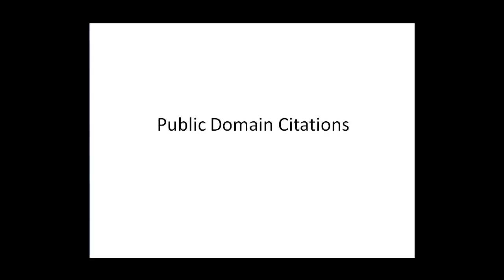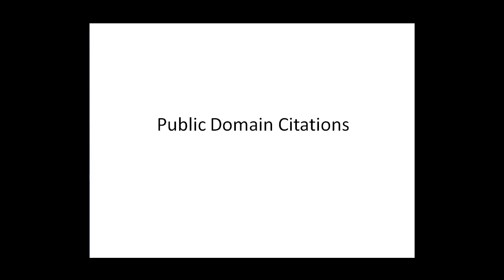So some of the state Supreme Courts have decided to stop publishing these official versions in a paper, hardback, bound version, and instead have moved to a public domain citation format. They take their official reporter and make it available online via their website, and they have a different citation format when they do this.